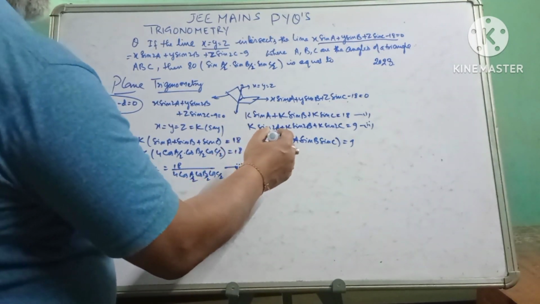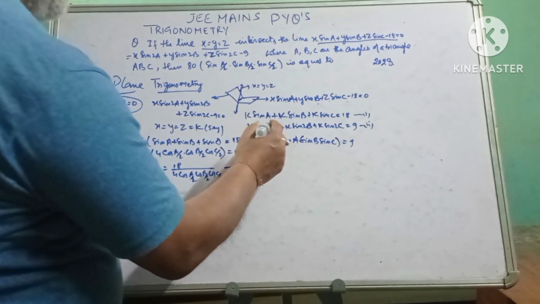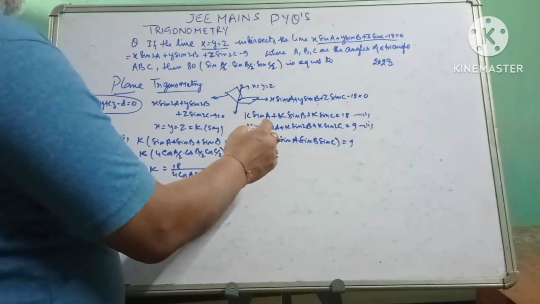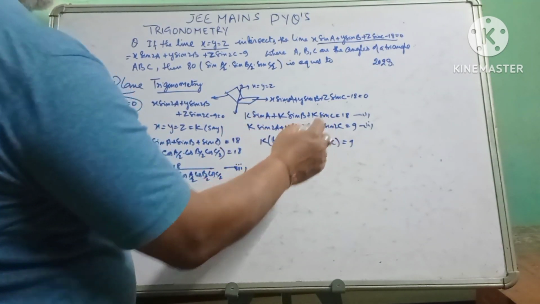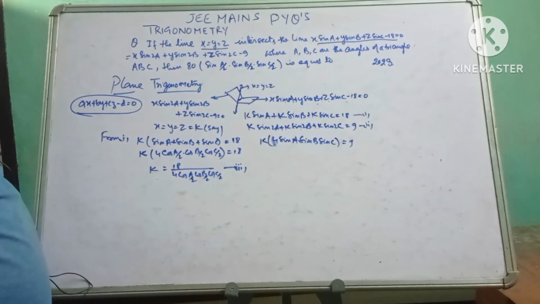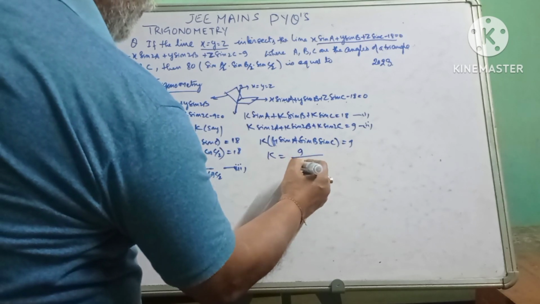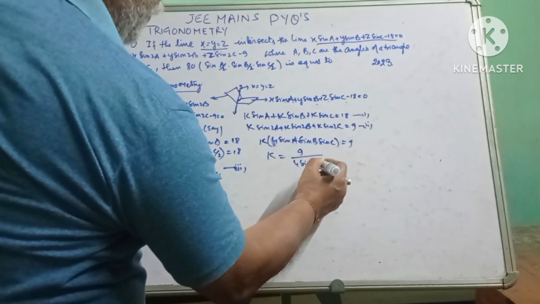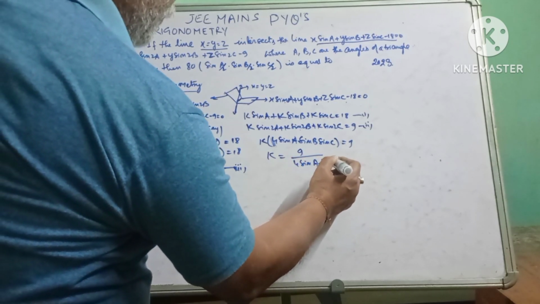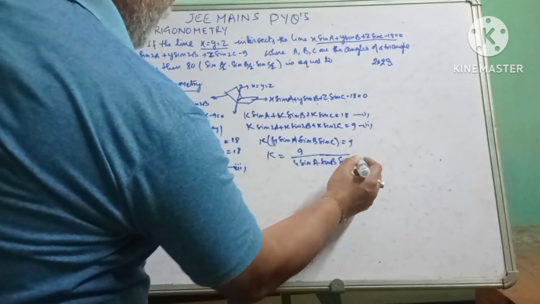And similarly the result, here when you take k common, you are going to get sine 2A plus sine 2B plus sine 2C. So that result is 4 sine A into sine B into sine C. So your k will be equal to 9 by 4 sine A sine B sine C. This is your result.